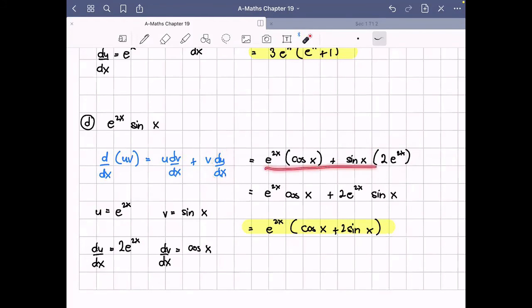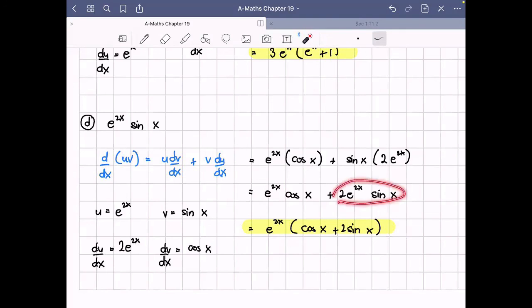And then just simplify this, class. Okay. So after you simplify this, you will get this expression here. So what did I do here to get my final answer? So I just factored out e raised to 2x for both of the terms. So it's common factor, right? Then this divided by this, you will get just cosine x.